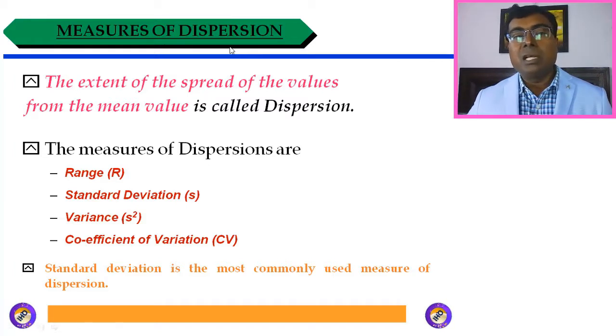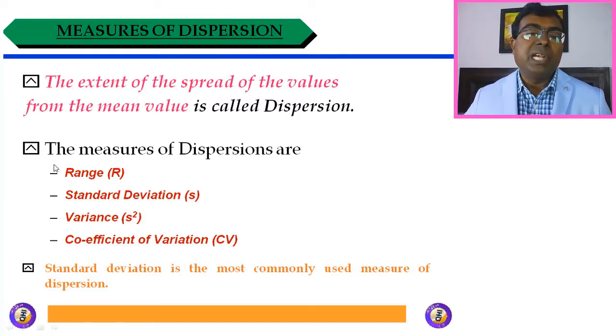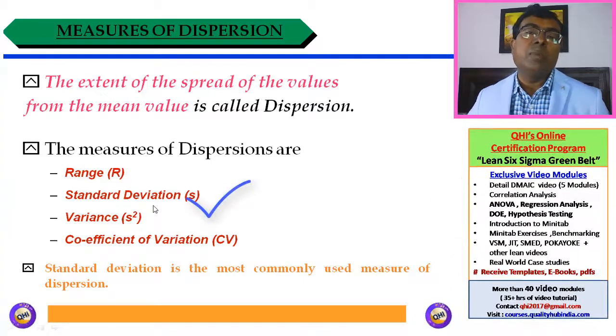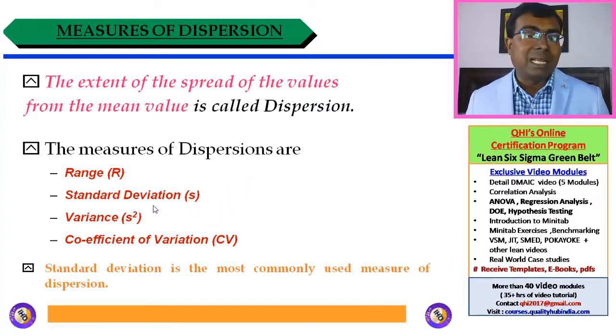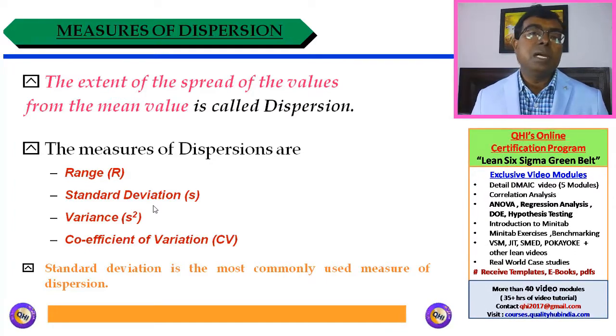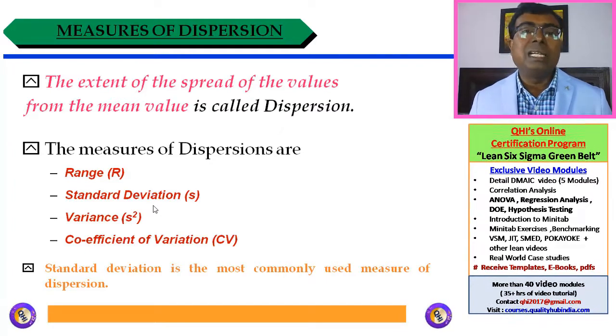And to calculate the measure of dispersion, we have many metrics: range, standard deviation, variance, and coefficient of variation. And in industry, standard deviation is quite popularly used in many cases. In fact, in most statistical analysis, we use standard deviation as the measure of understanding the dispersion.